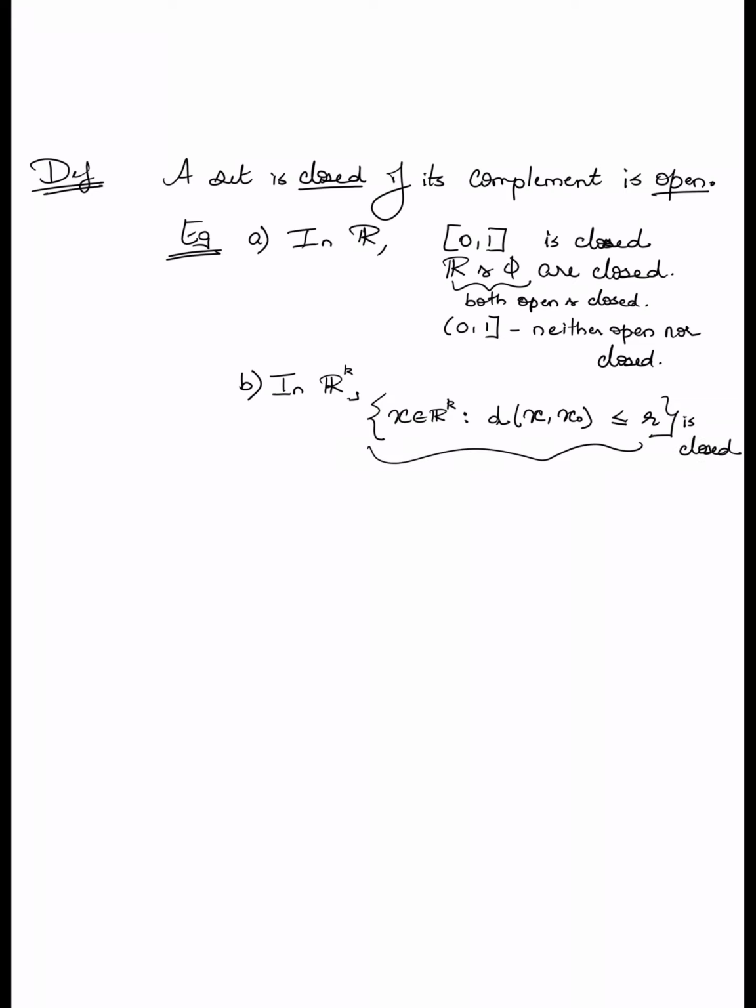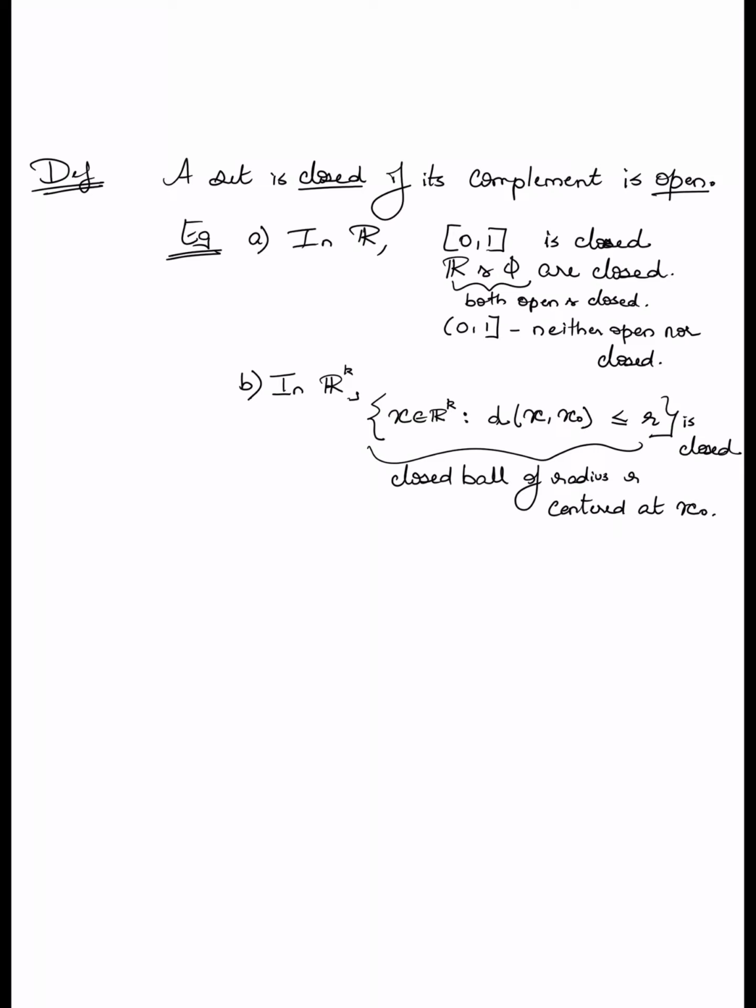Right, so this set for good reason is in fact called a closed ball of radius r centered at x naught. Again, I'm only stating this as an example.